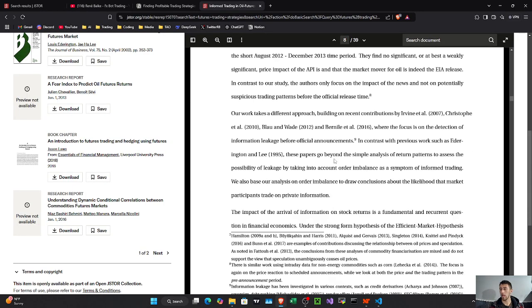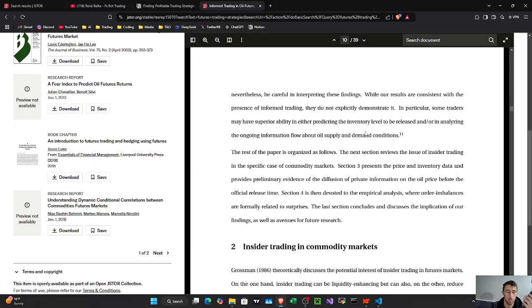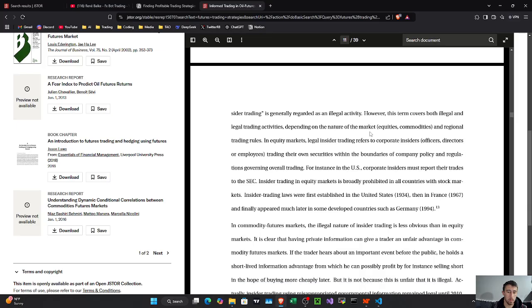Basically the idea of it is if oil moves a certain direction before a news release, then the idea is that insiders are positioning themselves before the data is released. And so based on which way the price is moving, you can position yourself so that when the data is released, you are gaining money with that trade.